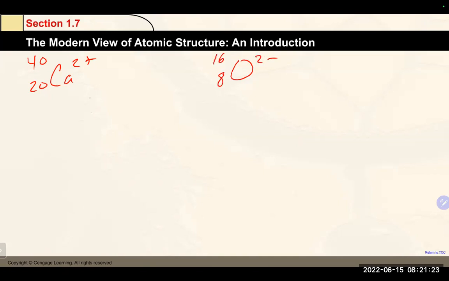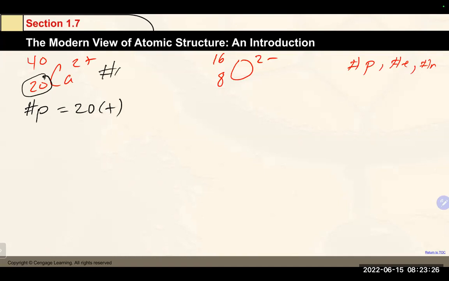All right, so find the numbers of protons, electrons, and neutrons in each of these cases. Okay, let's take a look. So we'll start over here. The number of protons here would be our atomic number, which would be 20.